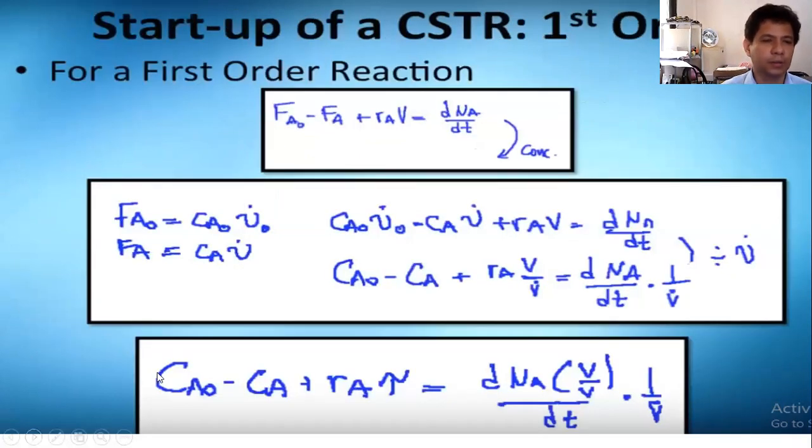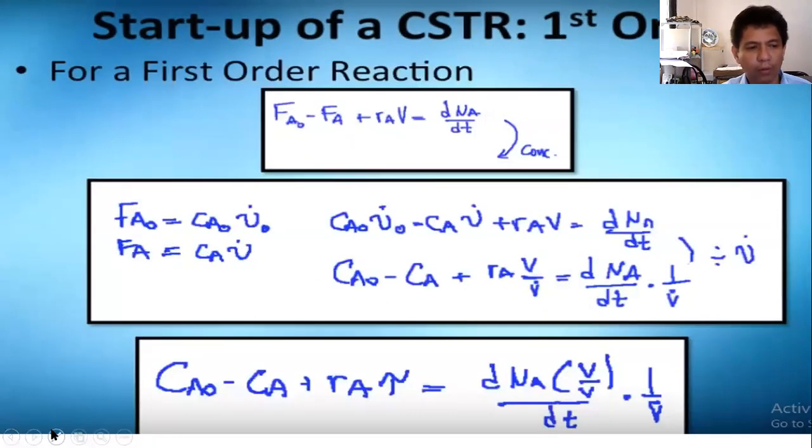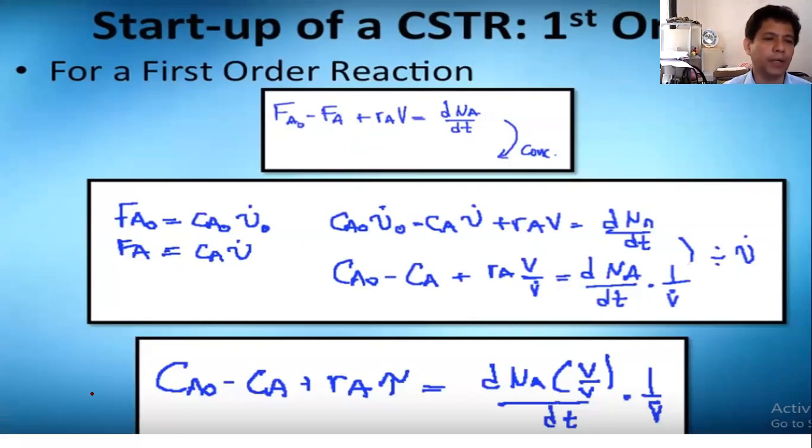We'll replace F_A0 with C_A0 v_0 and F_A with C_A v. This is the volumetric flow rate going into the CSTR, and this is the flow rate going out of the CSTR.